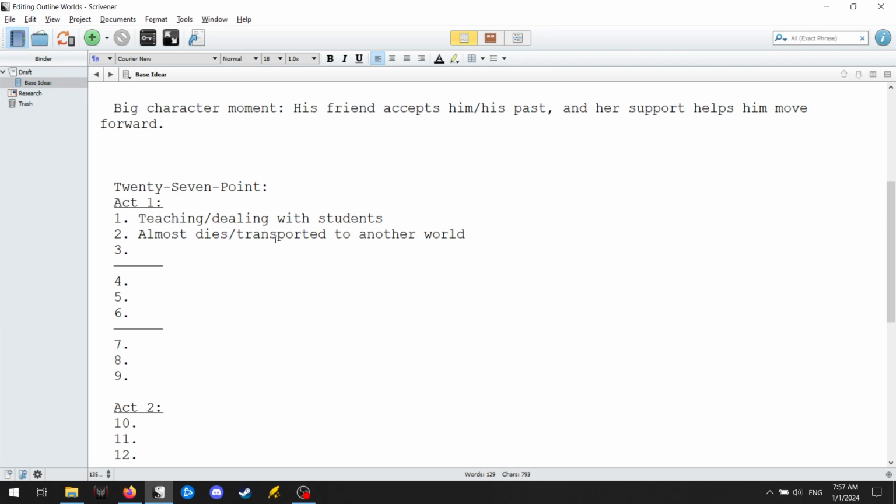This next part is a fallout. So the character has to react to the inciting incident. What do they do? So they accept it and not die or get transported.